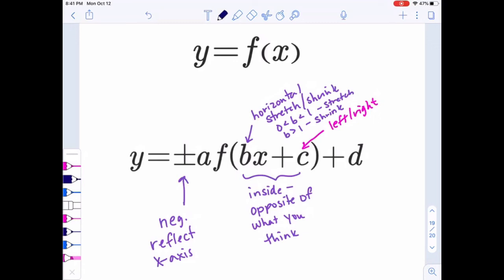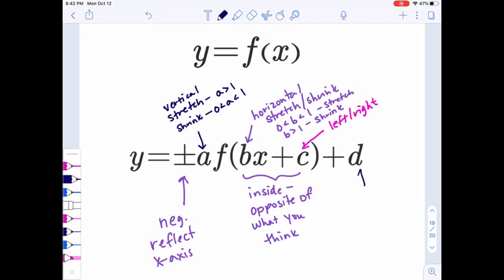The things that happen up and down, the number on the front part here, that a, that is where you're going to have a vertical stretch or shrink. A stretch is going to happen when a is greater than 1, and a shrink is going to happen when 0 is less than a, which is less than 1, when that's a fraction.